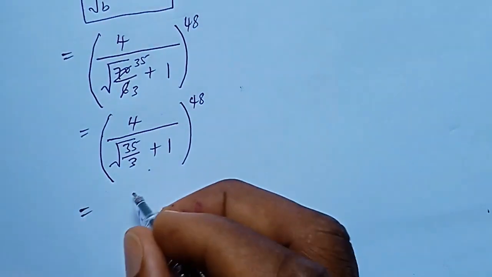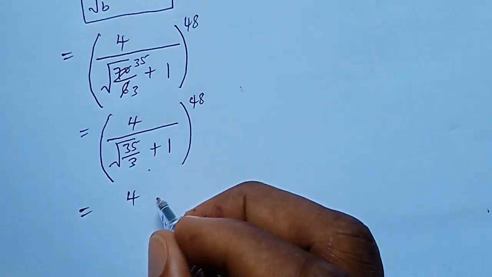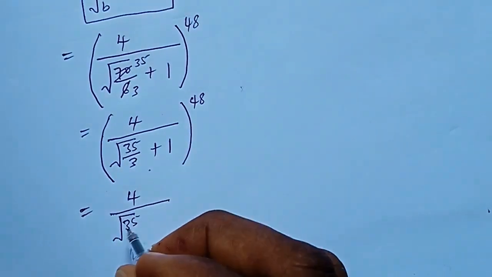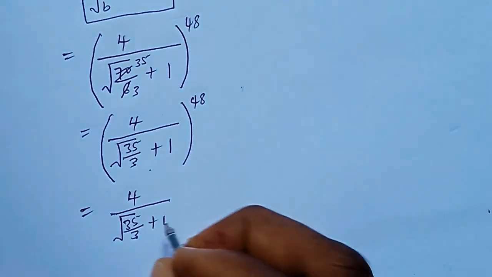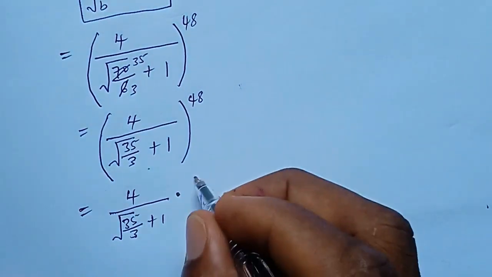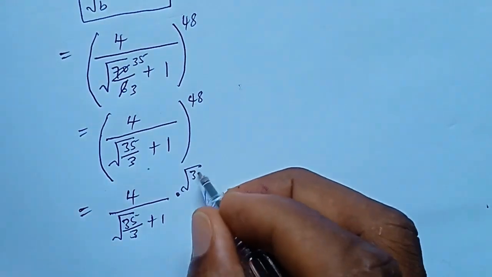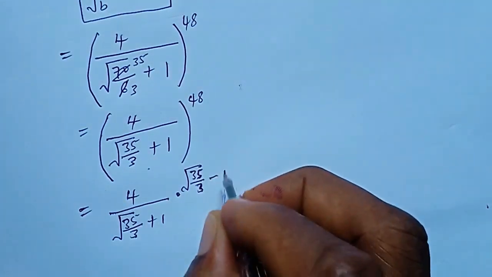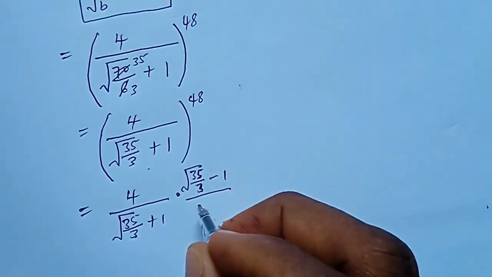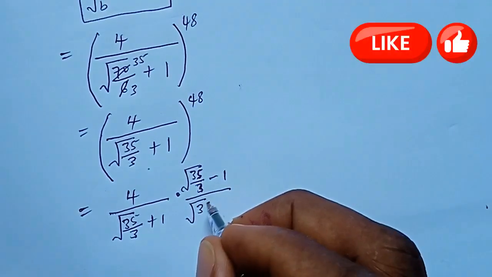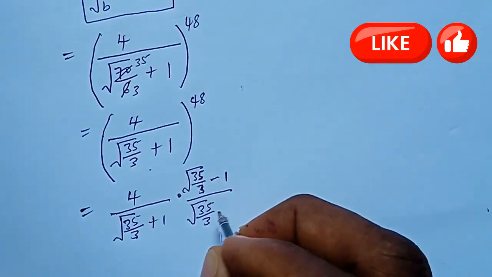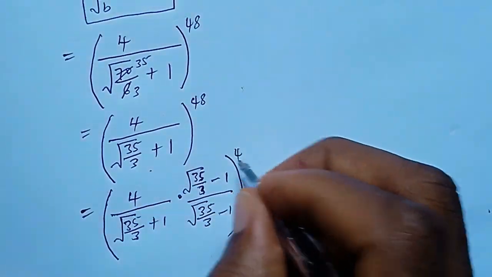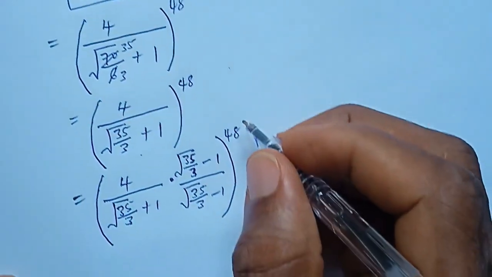So we now have 4 over square root of 35 over 3 plus 1, multiplied by square root of 35 over 3 minus 1 over square root of 35 over 3 minus 1, put into brackets raised to power 48.